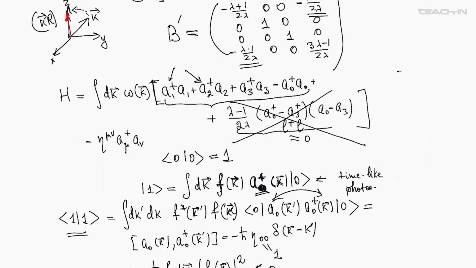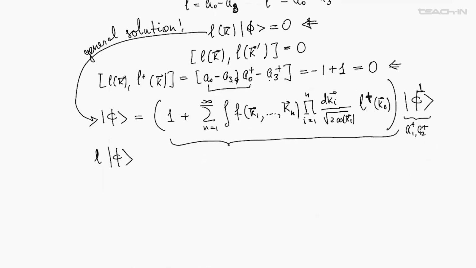So on such states, the Hamiltonian simply becomes a quadratic form, integral dk omega on k, A1 dagger A1 plus A2 dagger A2 plus A3 dagger A3 minus A0 dagger A0.